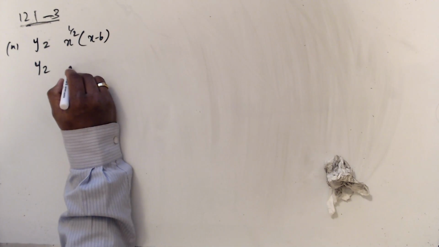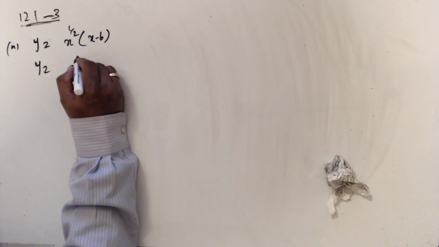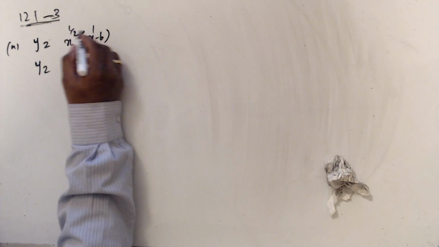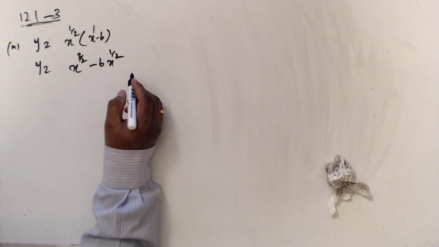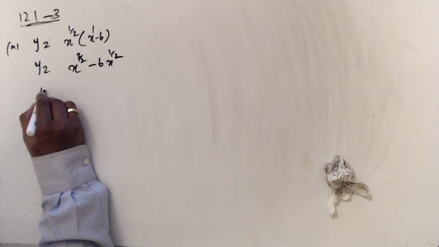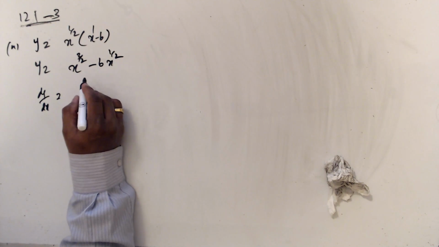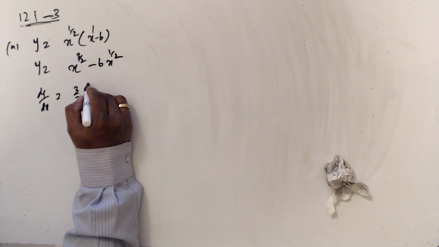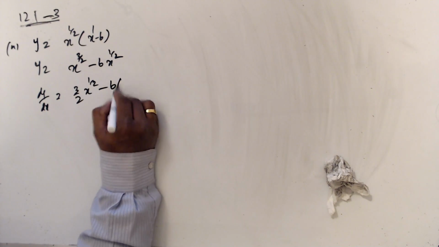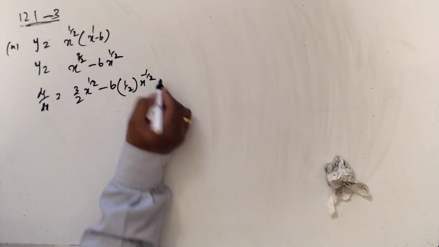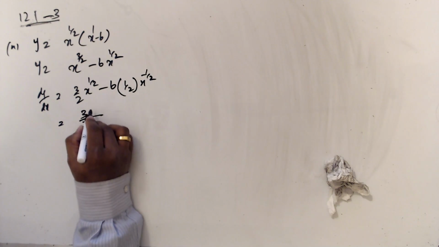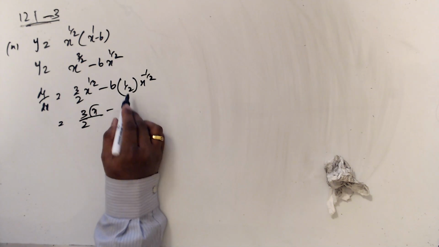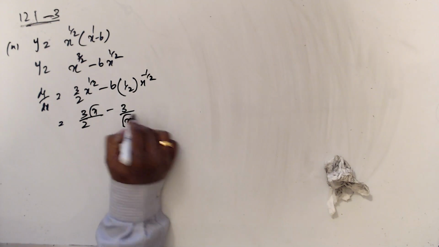Next, y = x^(3/2) − 6x^(1/2), where 3/2 is 1.5. And dy/dx is 3/2 x^(1/2) − 6 times half x^(−1/2), which is 3/2 square root x − 3 over square root x.